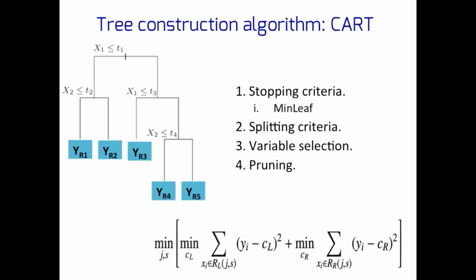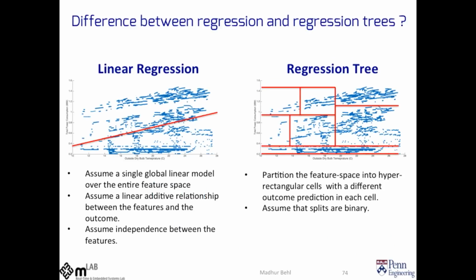So as compared to linear regression, which assumes a global model, describes the entire data space, and has assumptions of linear additive modeling within the features themselves, in a regression tree you don't actually use regression anywhere in the seminal algorithm. You are just dividing the data space into smaller cells and using the average predicted response there.